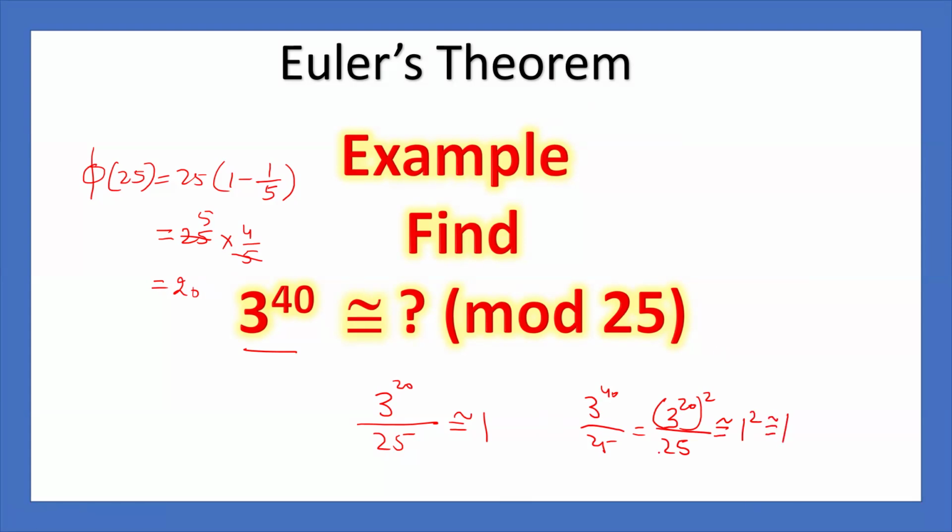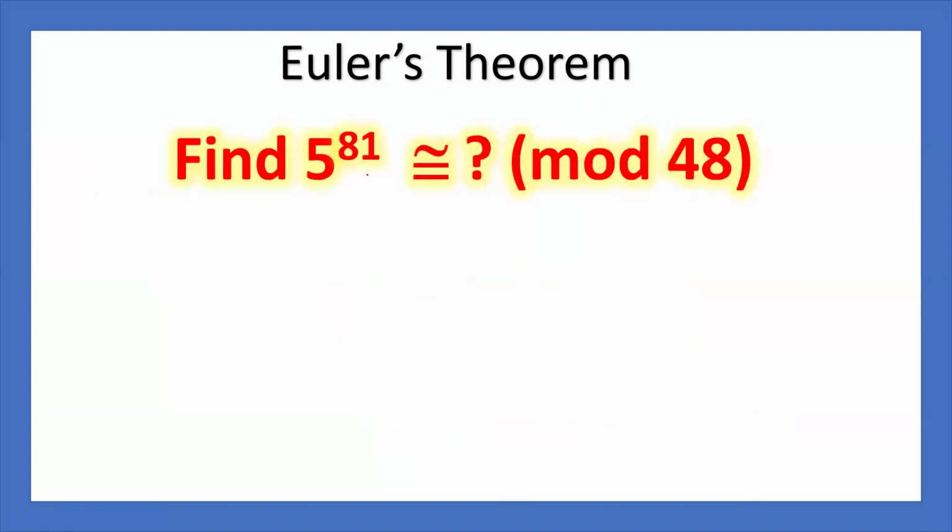So Euler's theorem gives a quick method to calculate the remainder. Now, coming back to our original question: 5 to the power 81 divided by 48. First of all, we have to calculate phi(48). 48 can be written as 16 threes, which is 2 to the power 4 into 3.